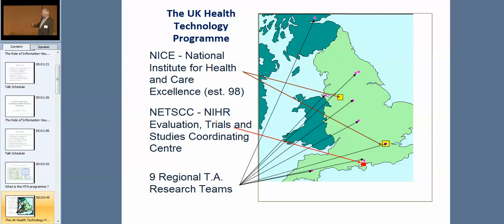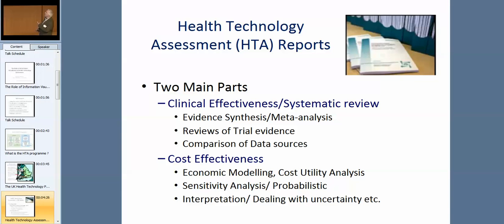And what they do is they produce these things up here. Sorry about the resolution of the picture, they're called technology assessment reports, and they form an essential part of the appraisal process for each of the interventions under review. And it's worth mentioning that those are also made available on the web, and anybody, anywhere can download those as PDFs.